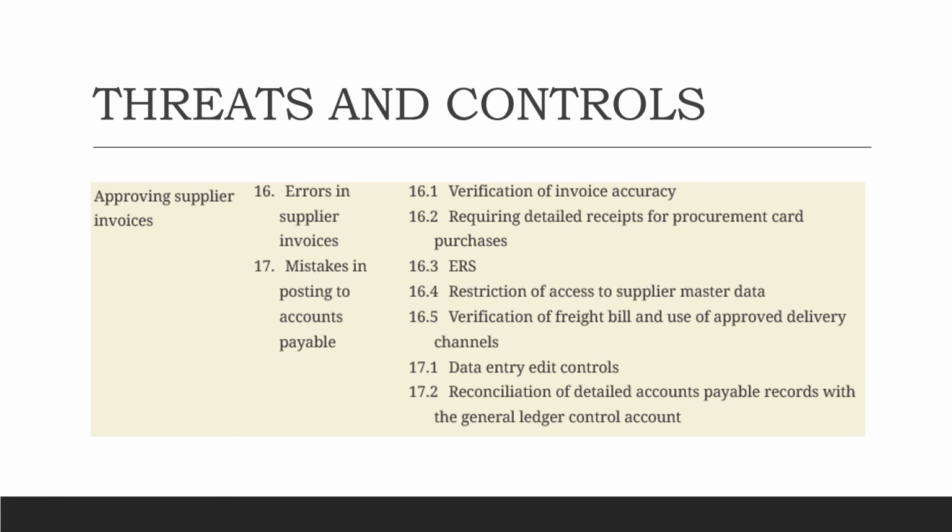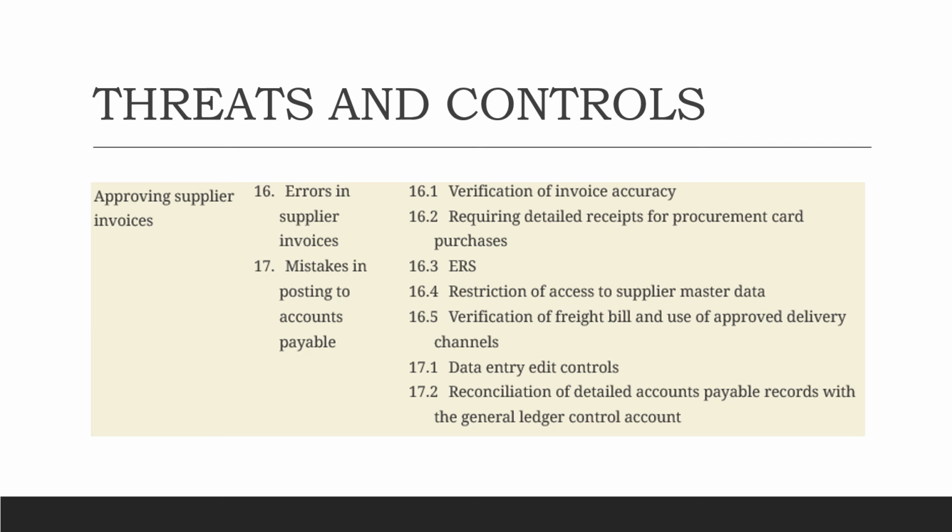To control those errors, verification of invoice accuracy, that's 16.1. 16.2, how we can control that is requiring detailed receipts for procurement card purchases. 16.3, that's the ERS system that we were just looking at. And then control 16.4, restriction of access to supplier master data. And then 16.5, verification of freight bill and use of approved delivery channels.